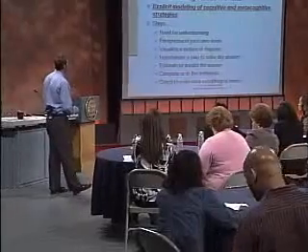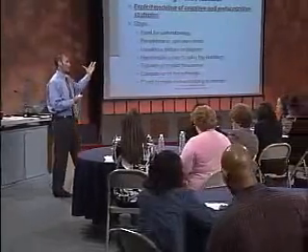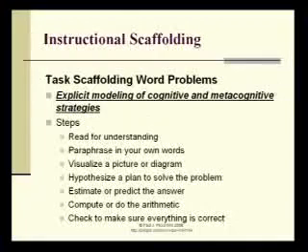So with task scaffolding, I'm going to sort of apply this to, again, general word problem solving. If you think about solving a word problem, in general, the first thing you obviously want the kids to do is what? Read it, and hopefully for understanding, possibly paraphrase in your own words. Now, when you solve a math problem, that's what you do.